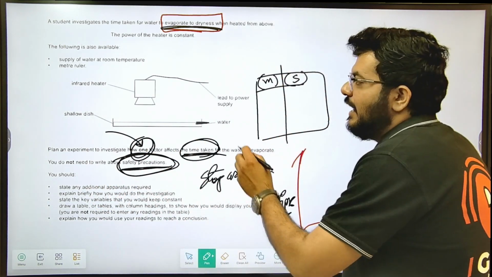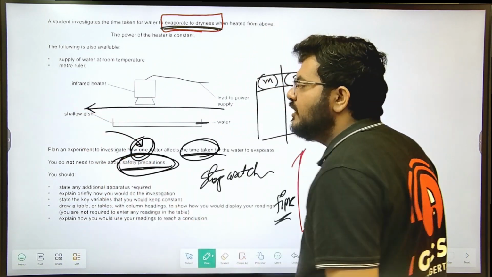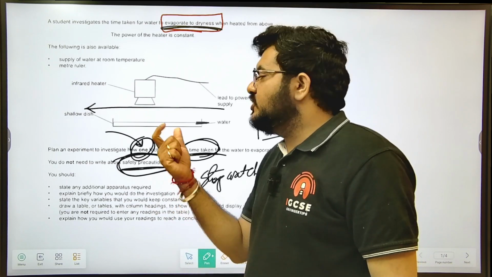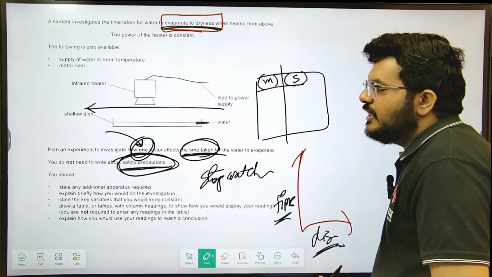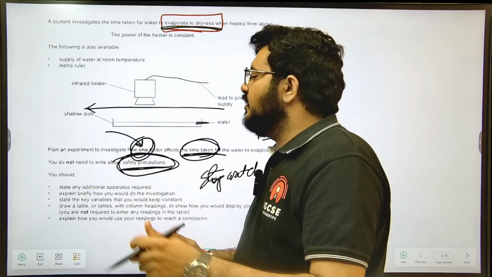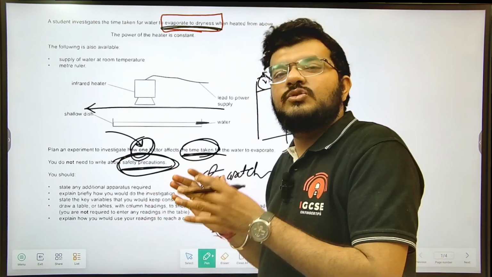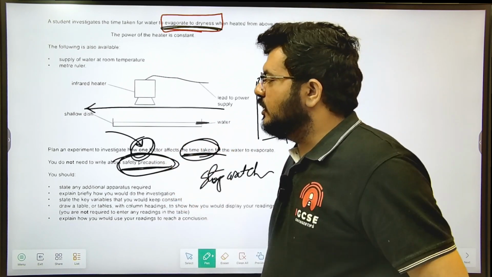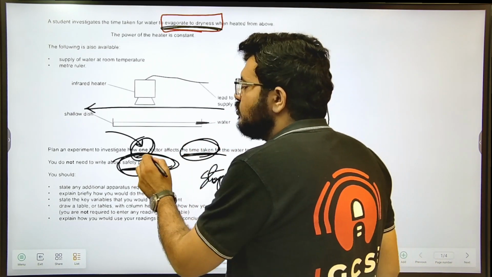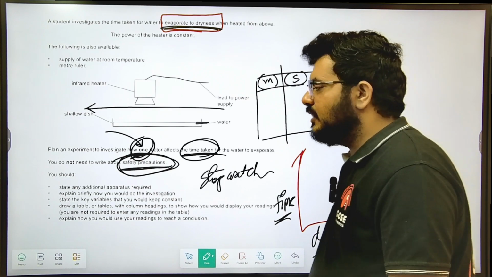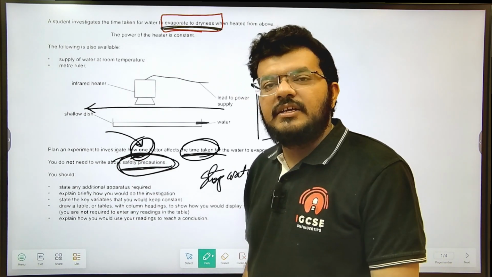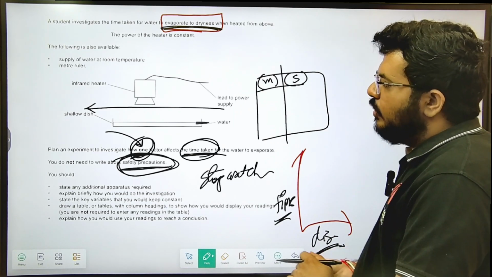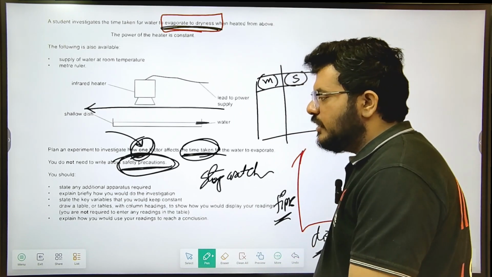But air can. If the wind velocity is high, it can change the rate of evaporation. So what I'll say is perform this experiment in a closed room so that there is no wind to alter the rate of evaporation. That is one thing you need to add here. Other than that, I believe we have scored all the 7 marks there are to score here.